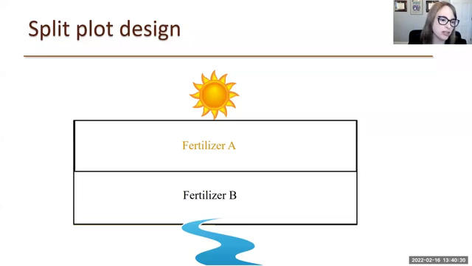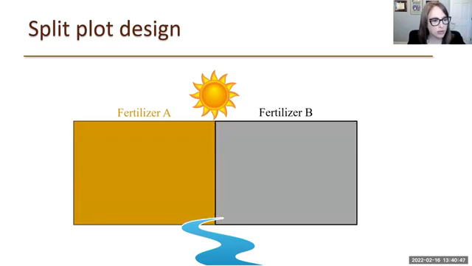So you could set up fertilizer A on top and fertilizer B on bottom. But as I said, one of the issues here is that now fertilizer A is confounded with extreme sunlight and fertilizer B is confounded with wetness. So you probably want to set it up something like this so you can see how additional sun and additional moisture may affect both fertilizer A and B. So now you're saying, okay, now we need to apply our different seeds.